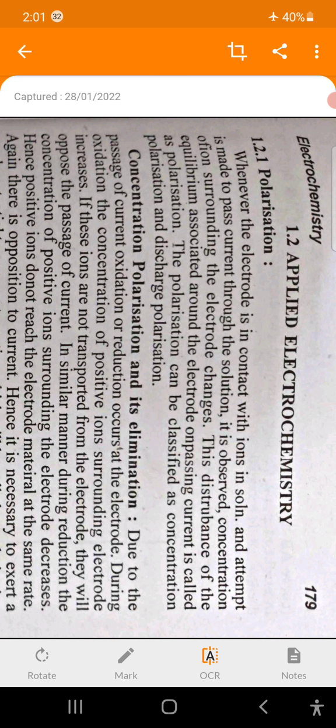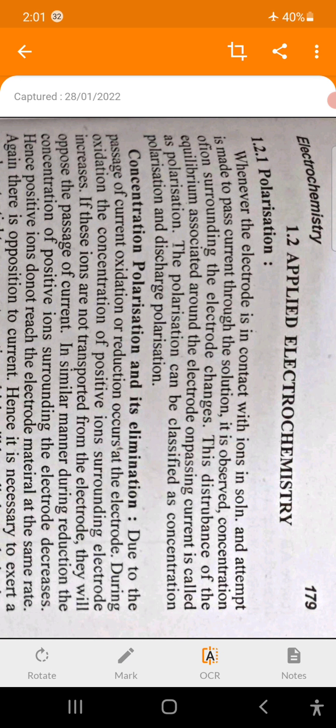And because of that oxidation and reduction at anode and cathode, there is a change in concentration of positive and negative ions, observed at the vicinity of these electrodes.